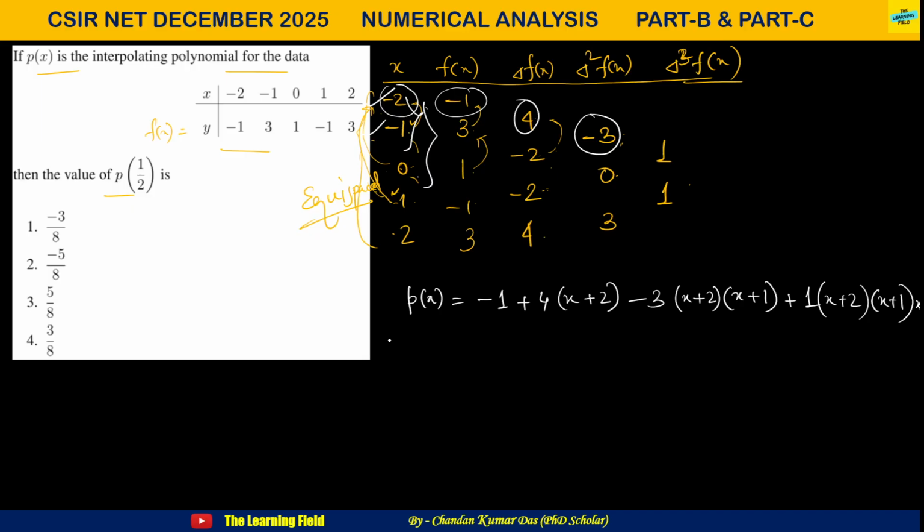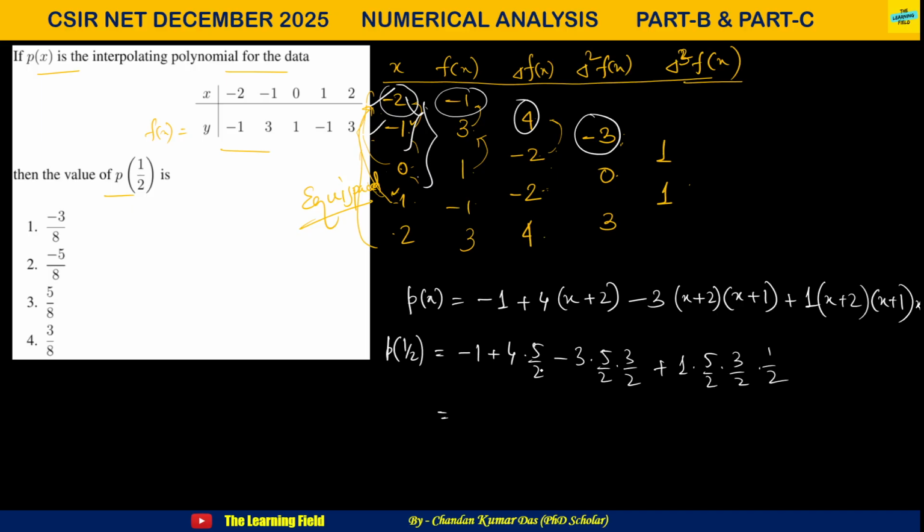And now we have to find P at half. So put x equal to half. P of half equals -1 plus 4 into 5 by 2, minus 3 into 5 by 2 into 3 by 2, plus 1 into 5 by 2 into 3 by 2 into half.